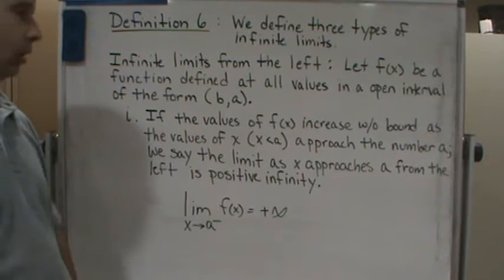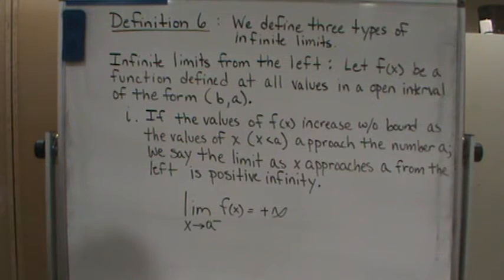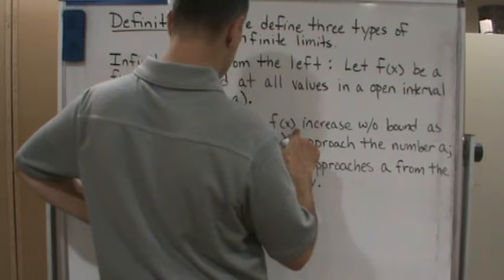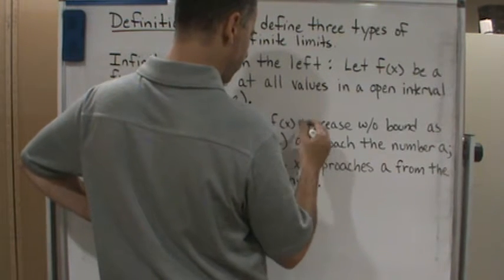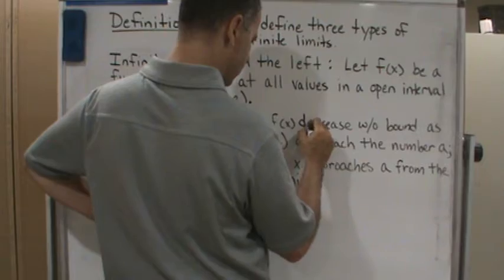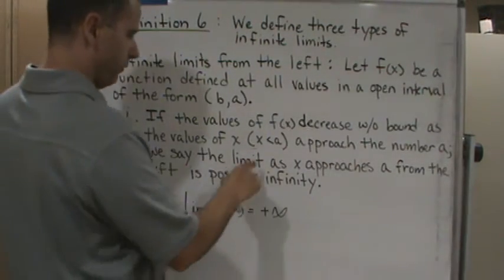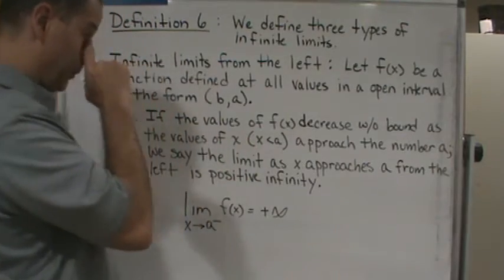Now, the other case is, what if it decreases? What if the values decrease without bound as the values of x, for x less than a, approach the number a?